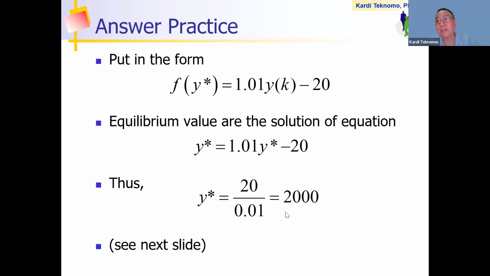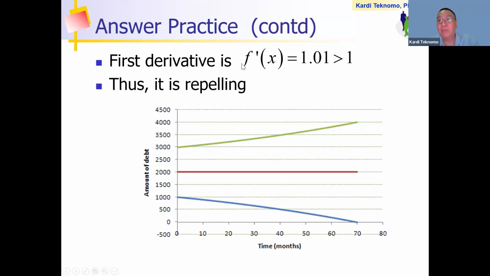So you get 2000. And then from there, the first derivative is 1.01, which is greater than 1, so that means repelling. You can see here from the graph also, 2000 here.